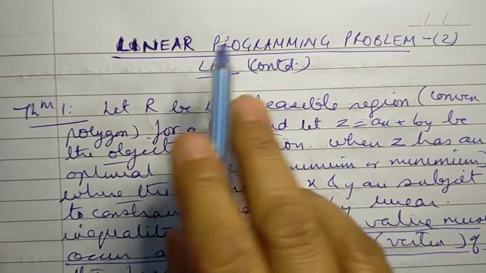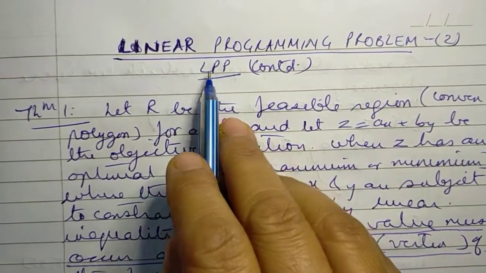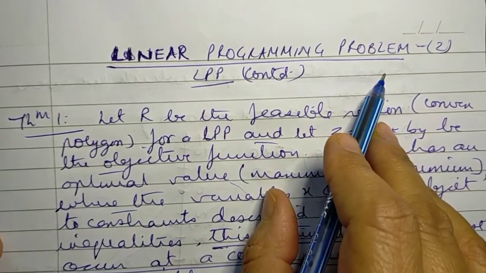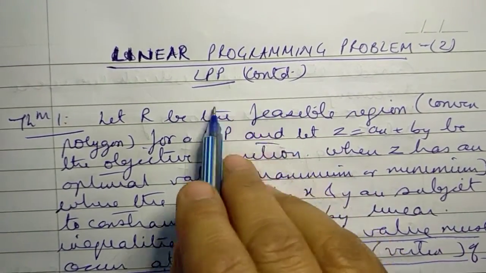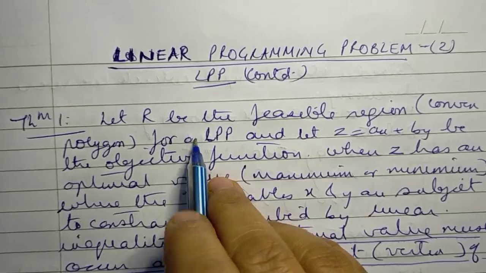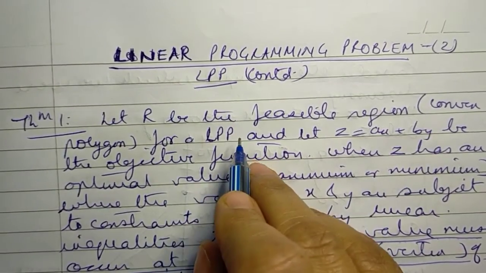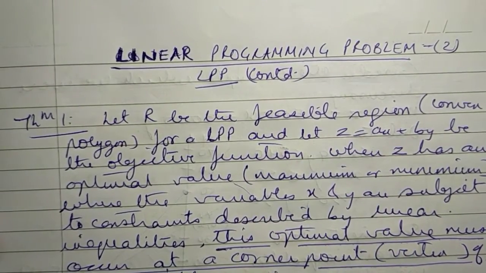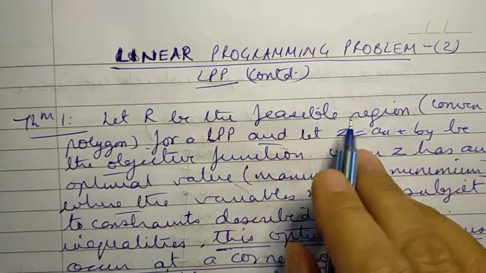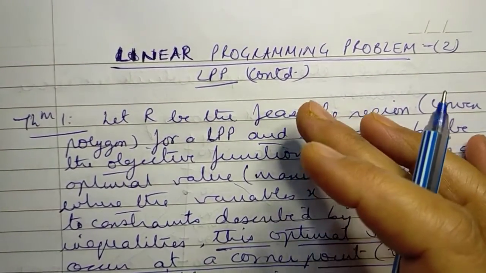Hello students, let us continue with our discussion on the linear programming problem and the method of solving it graphically. In my previous video, I had discussed that we had formulated the linear programming problem and seen the constraints.